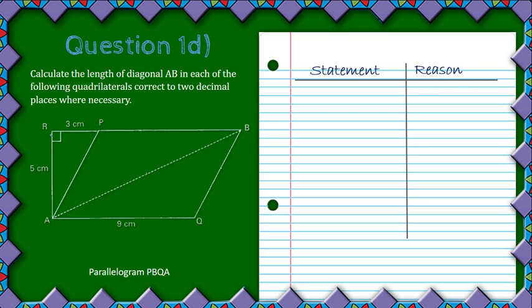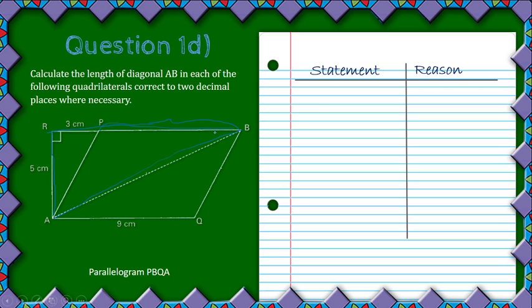I see a right-angled triangle over here, and I also see a bigger one over here. If I actually know this length over here, then I would be able to calculate AB using Pythagoras.